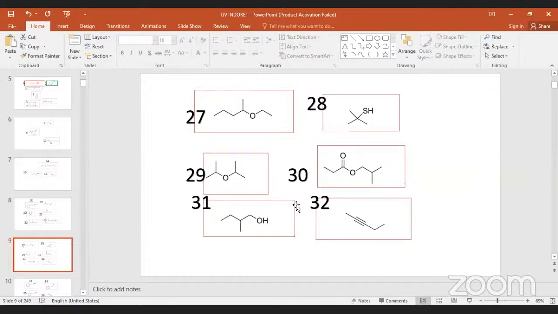That is for ester, oate. So that is one part, and another part is the alkyl part. Propanoate.